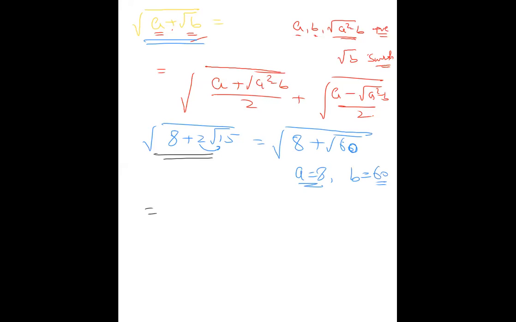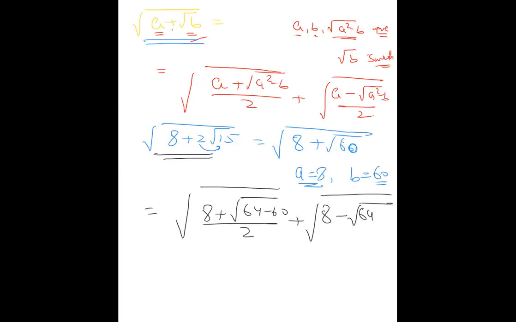This quantity is also equal to under root of 8 plus under root of 64 minus 60 by 2, plus under root of 8 minus under root of 64 minus 60 by 2. So 8 plus 4, under root of 4 is 2, so 10 by 2 is in the under root, plus 8 minus 2, 6 by 2 is in the under root.